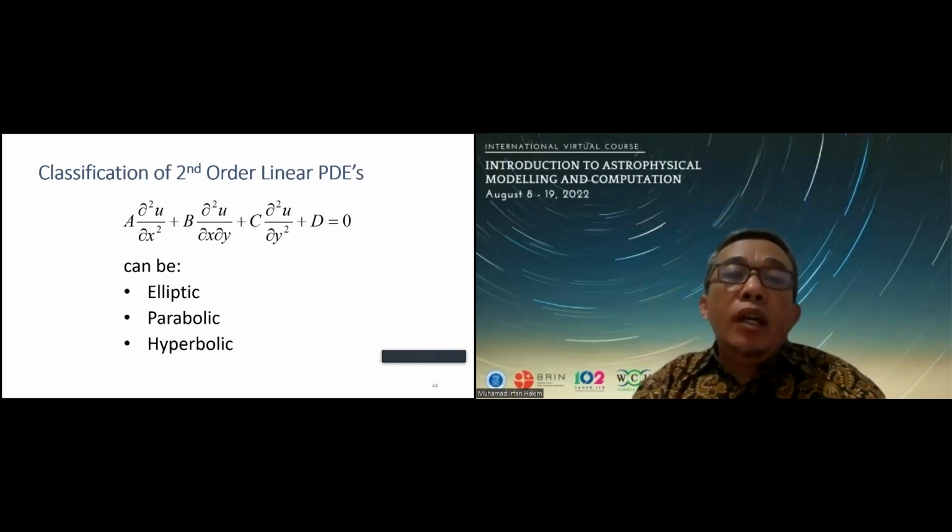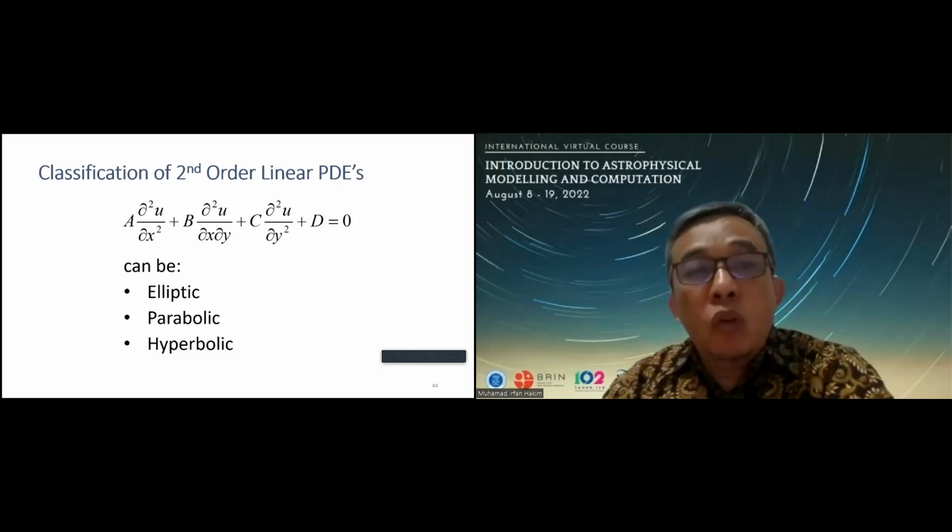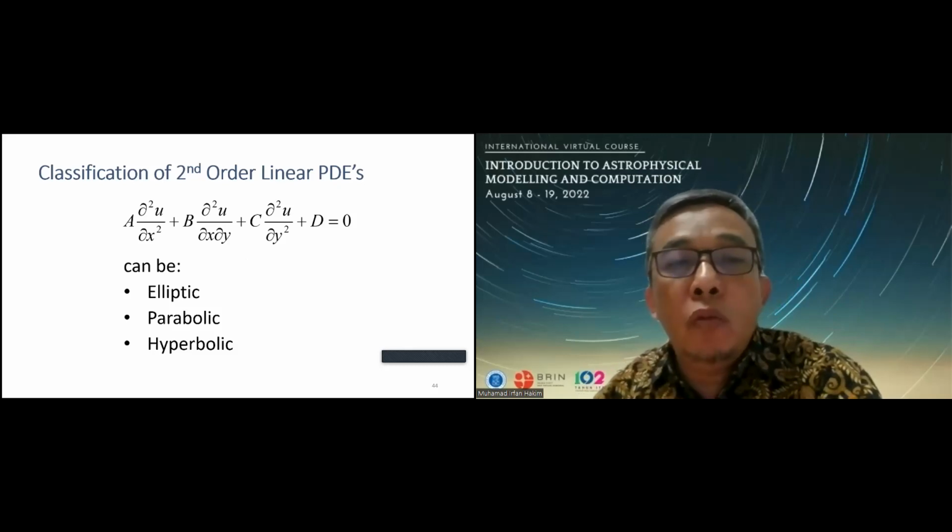It can be elliptic, parabolic, or hyperbolic.